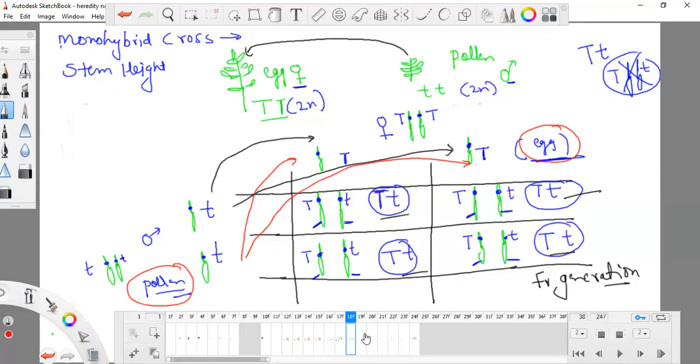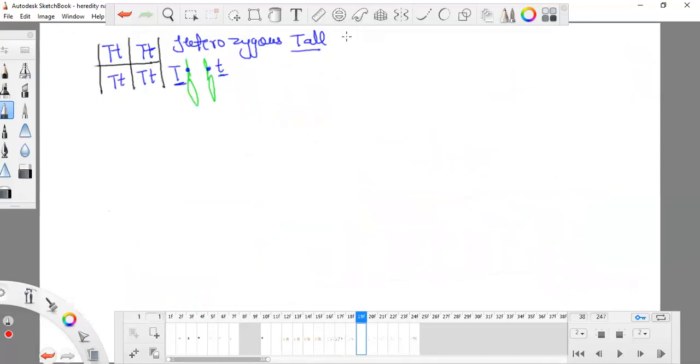So actually these four are seeds, but these seeds carry the information that whenever they grow, they must develop into a plant that is heterozygous tall. So when the seed grows into a new plant, the information should reflect that it will be tall but heterozygous.